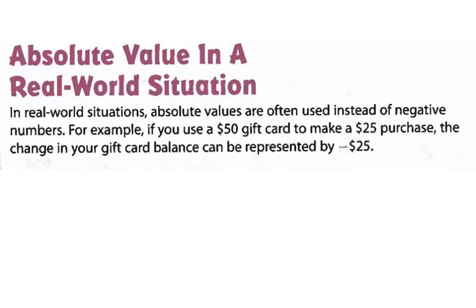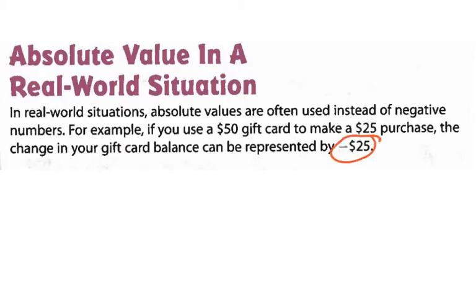Okay, here's just a real world situation that we use absolute value in that you probably didn't realize you were using until now. If you have a $50 gift card and you spend $25, the change in your gift card balance is represented by -$25, right?